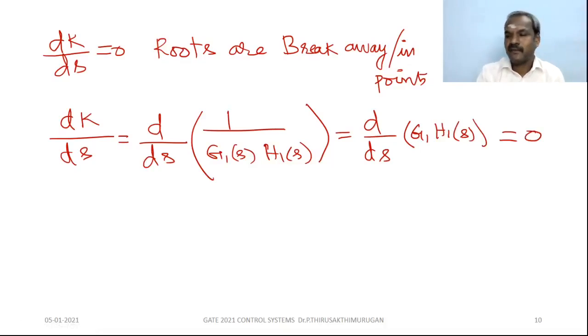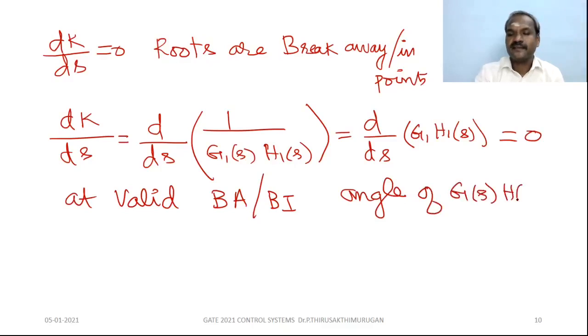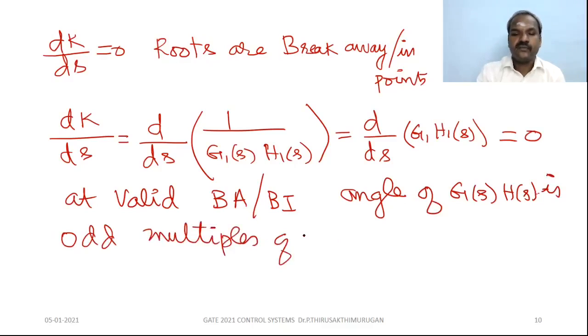At a valid breakaway or break-in point, the angle of G(s)H(s) is odd multiples of plus or minus 180 degree, odd multiples of 180 degree.